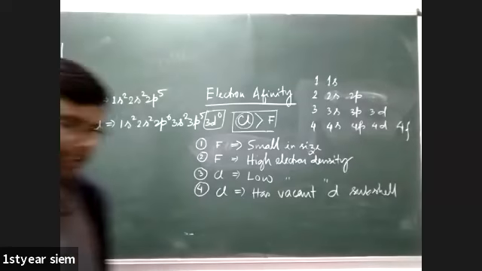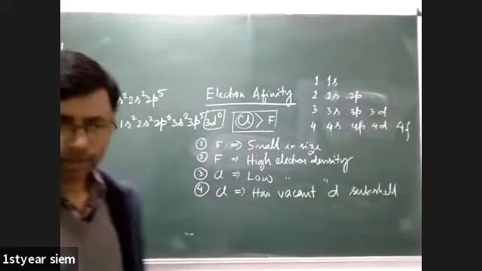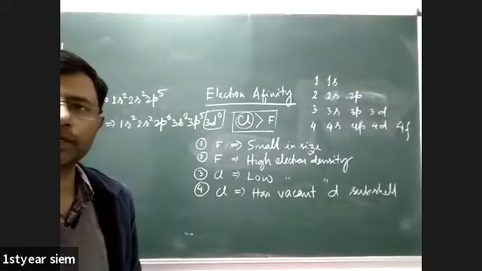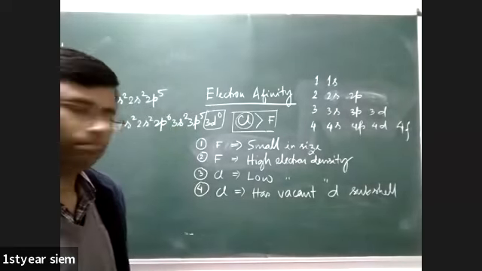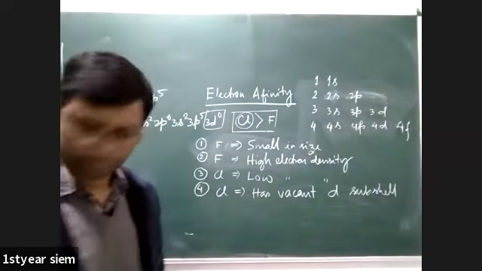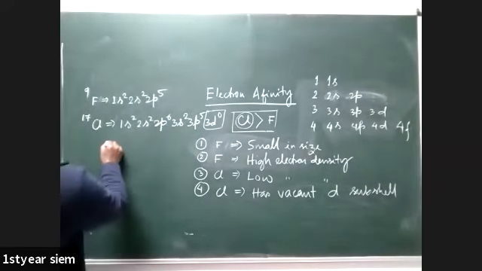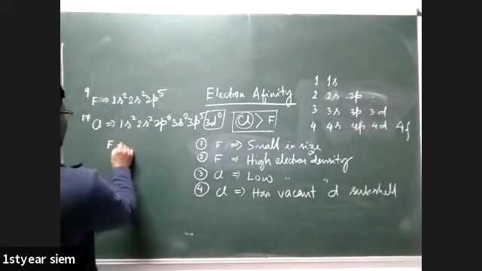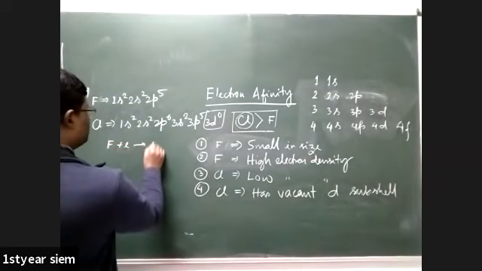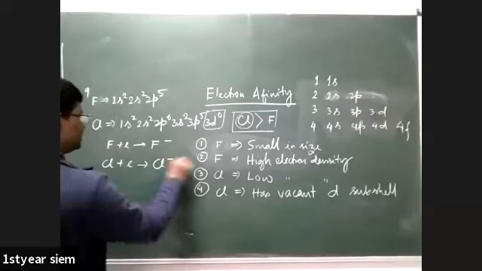What is electron affinity? One extra electron is coming into the atom. For example, fluorine plus electron equals F minus, chlorine plus electron equals Cl minus.